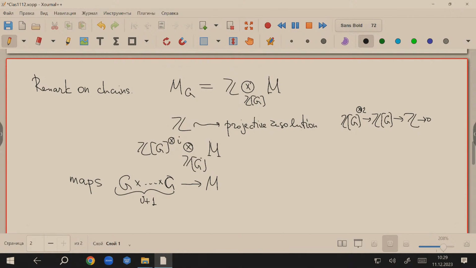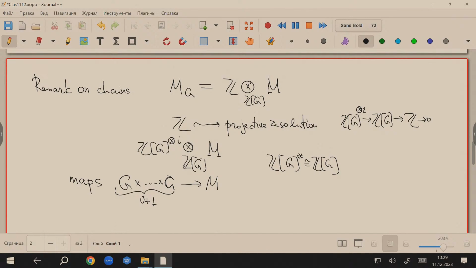This is a free module, so you can think of identifying this with the set of functions on the group. So you may map this to M.